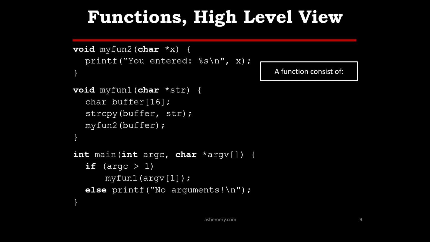The program will take the string hello, copy it into the buffer, then take the value now in the buffer and send it to myfun2, and myfun2 will just print on the screen "you entered hello". So that's basically how the execution will happen.